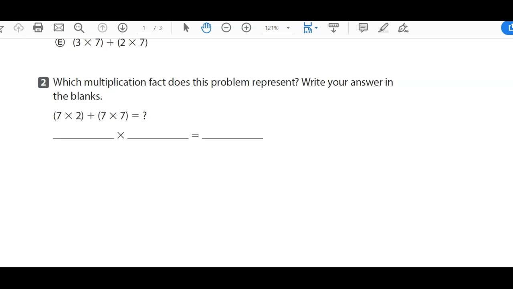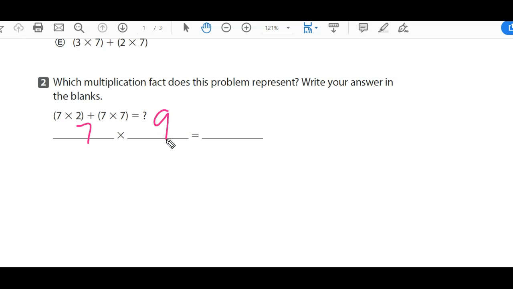Okay, so number 2 says, which multiplication fact does the problem represent? Okay. Oh, so which 2 factors are the same? 7, right? 7. Okay, and then it looks like they broke apart 7 and 2, right? So 7 plus 2 is what? 9.